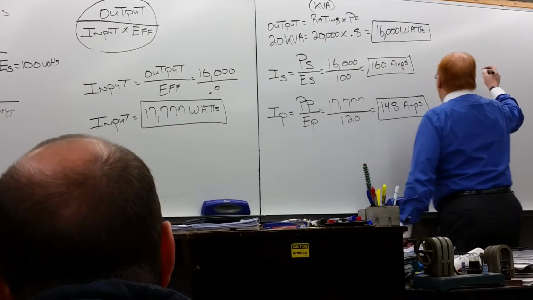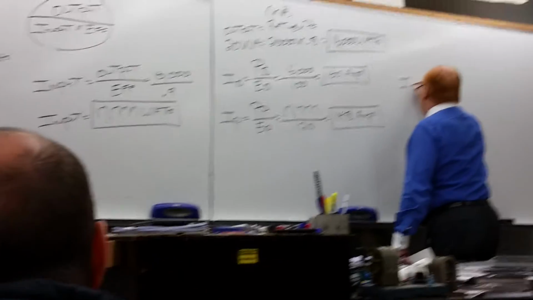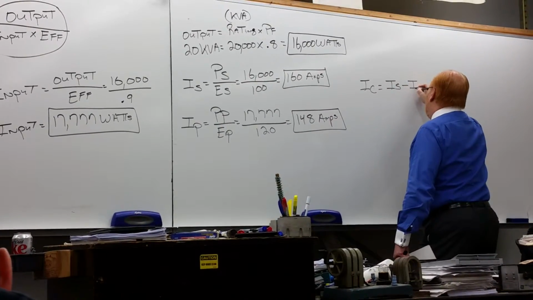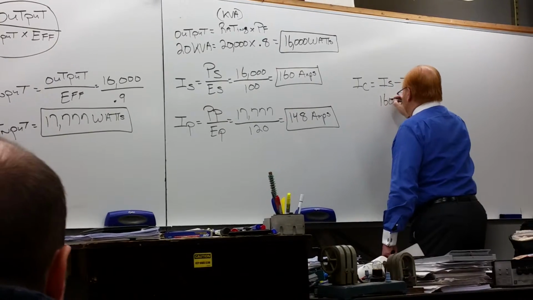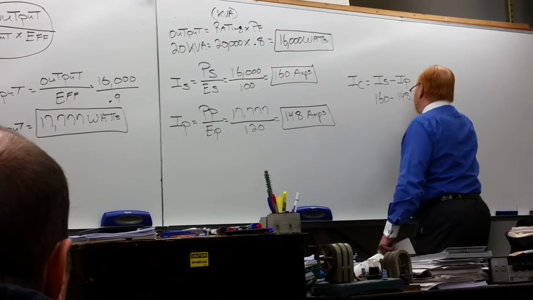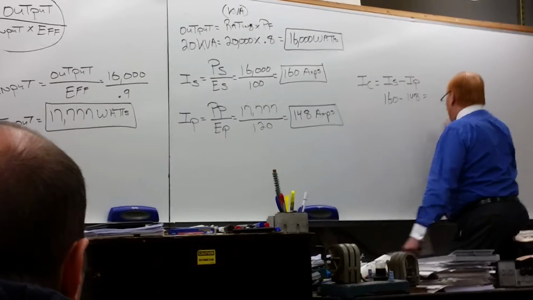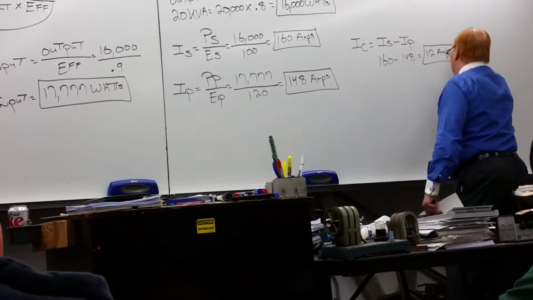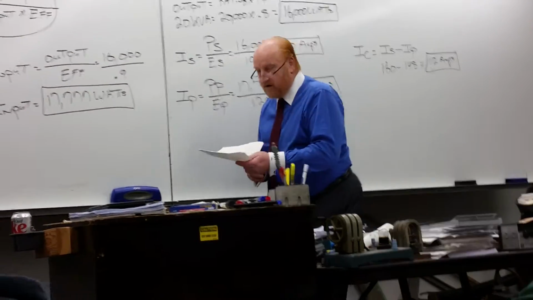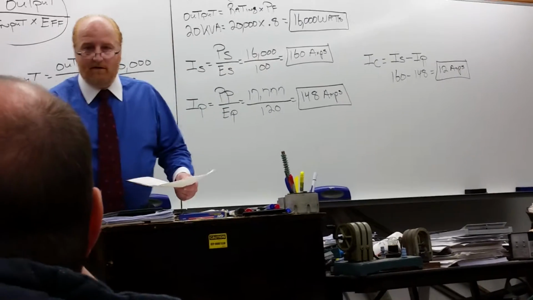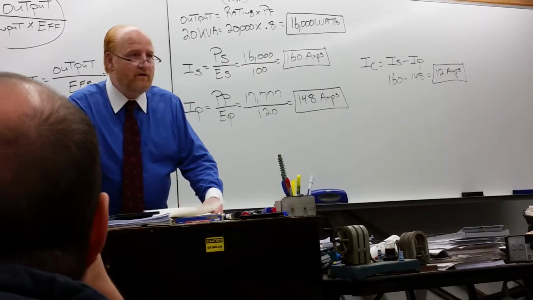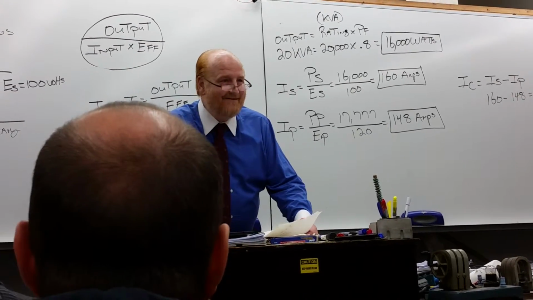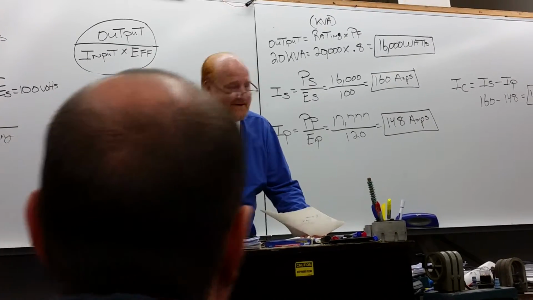And then, of course, the last part of the problem, IC equals IS minus IP, or 160 minus 148 gives us approximately 12 amps being shared by both primary and secondary. It's not that easy, but it's not that hard.